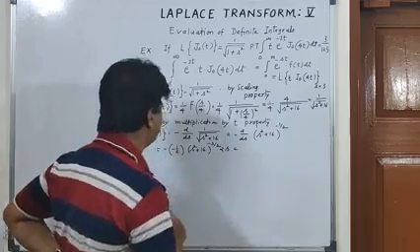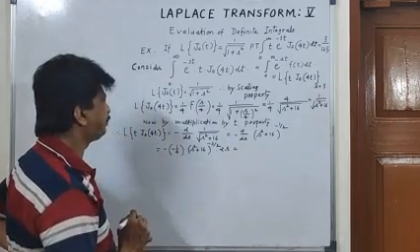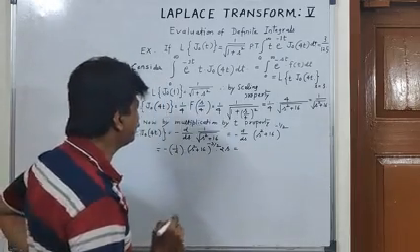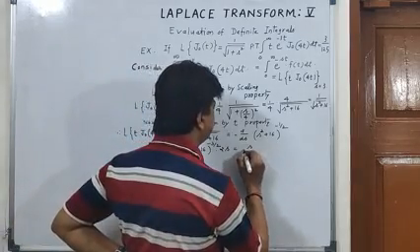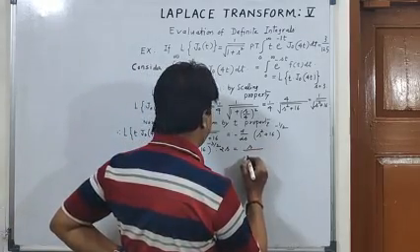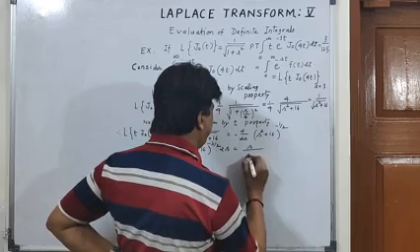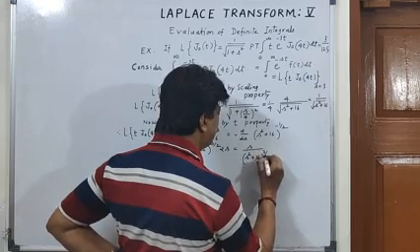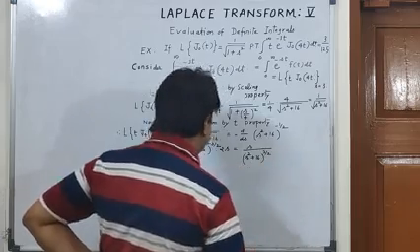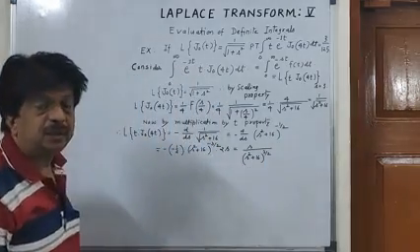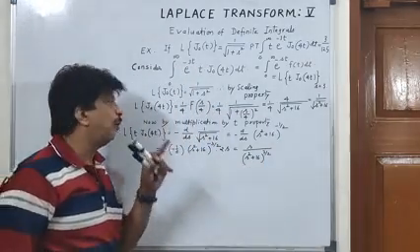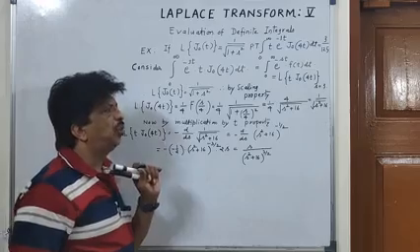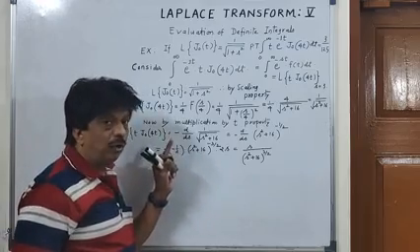So it is equal to s upon (s square plus 16) raised to power 3 by 2. This is the Laplace transform of t into J0 of 4t.